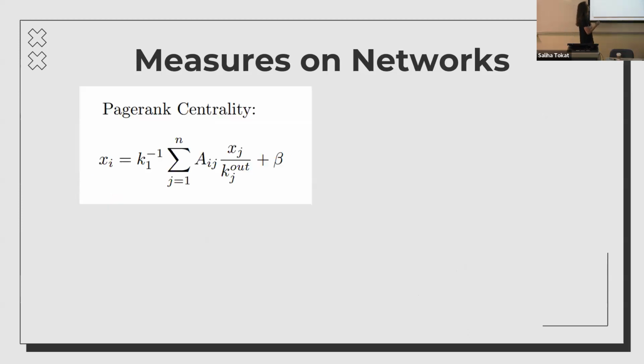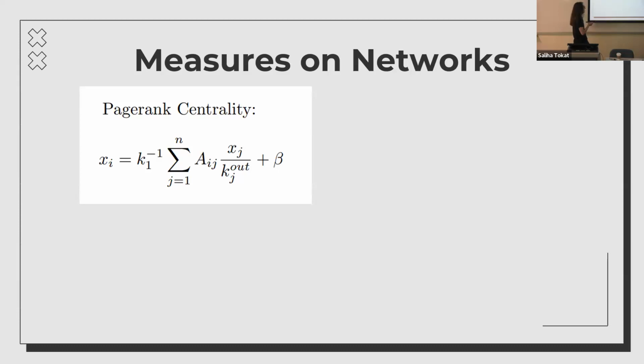Finally, we can think of another one, PageRank centrality. You can think of an internet connection, for example, where vertices represent web pages and edges represent some link from that page to another one. In this case, we will have some sites that have too many links, but likely not all of them are as important.